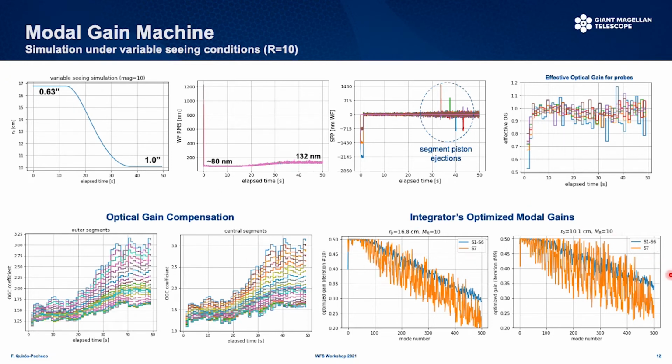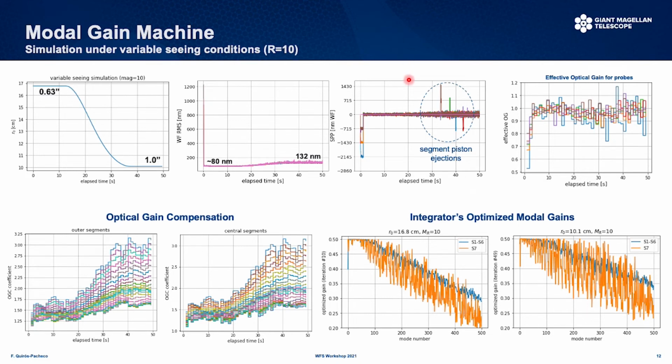Also, I show a snapshot of the integrator's gains for two iterations, iteration number 10 and iteration 49. This is at the beginning of the simulation, this is at the end, and so you can see how the gains are also properly updated by the model gain machine.